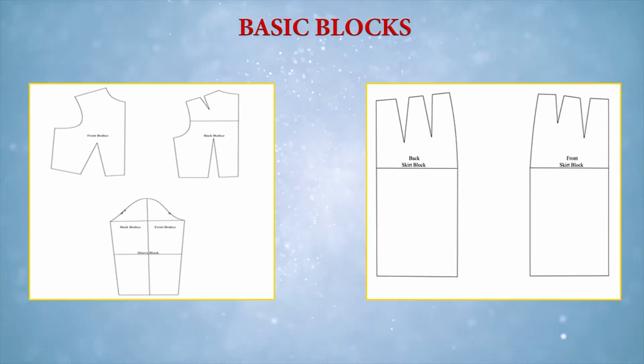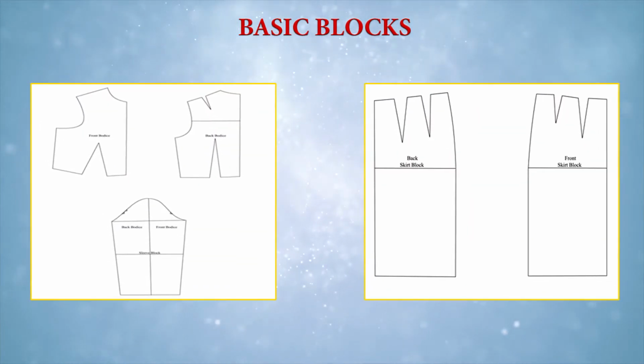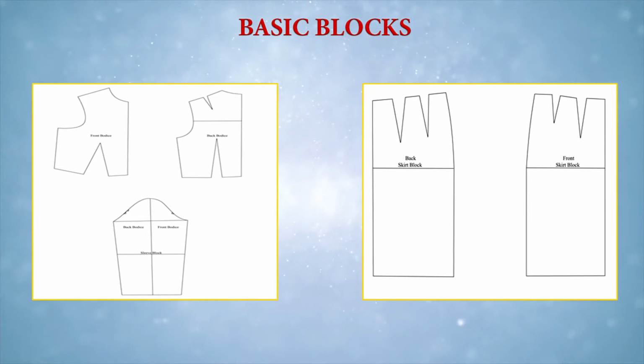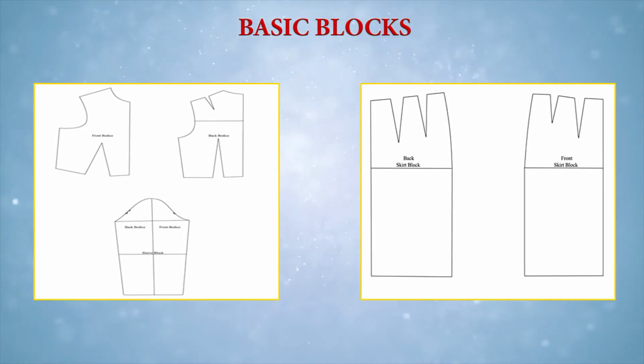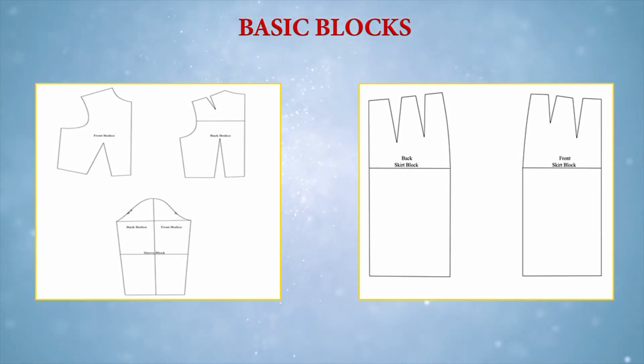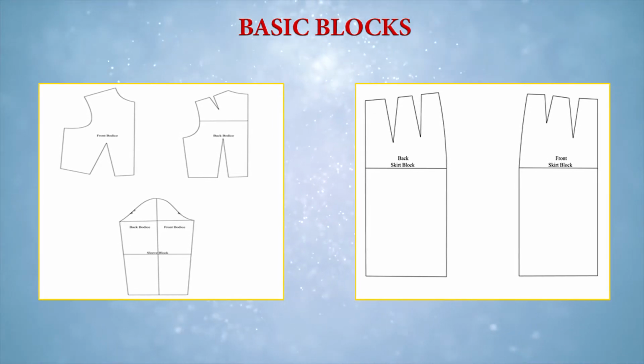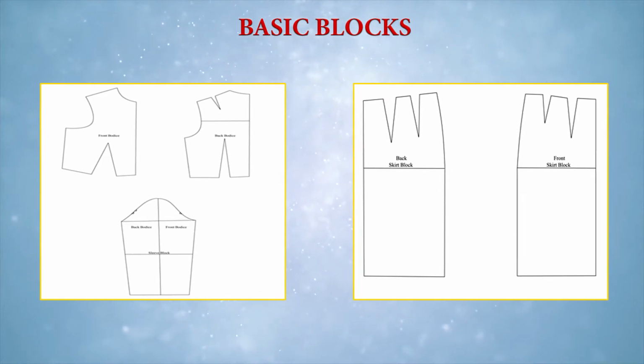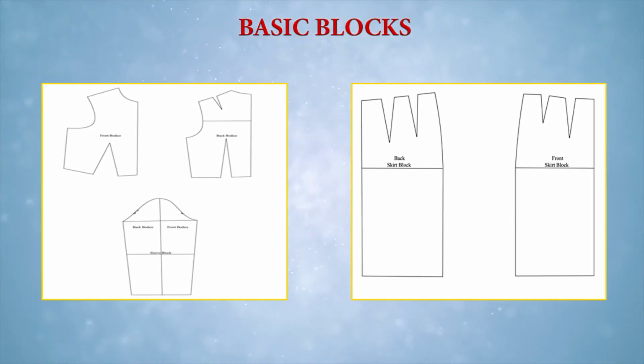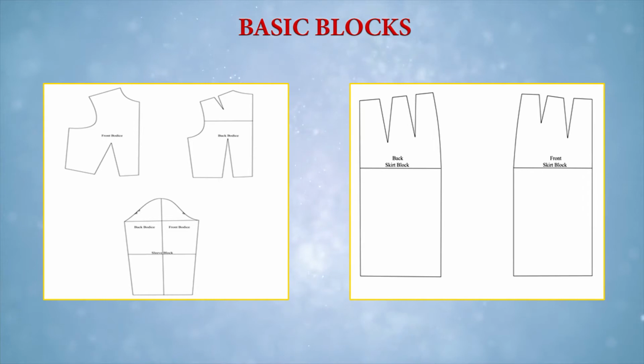Then these are the basic blocks we have, like you can see in the picture. The first two are the basic bodice or upper block, then we have the skirt block, and accordingly the sleeve block. These are made with standard body measurements.